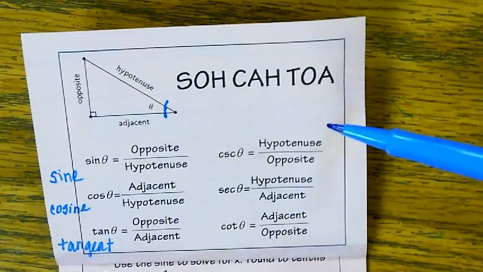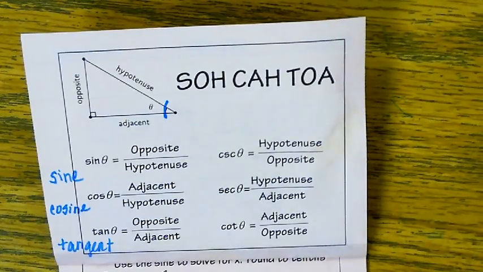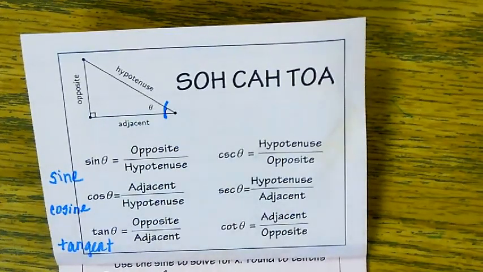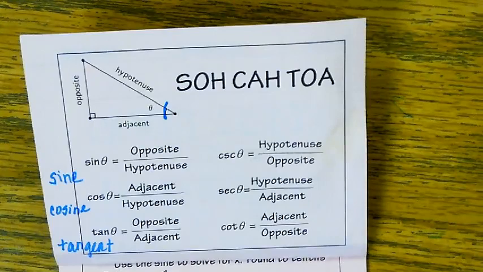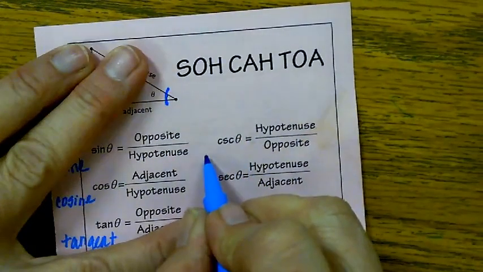Now, look at these ones over here on the right side. Do you notice any pattern if you compare those to the ones over on the left? Compare the ratios over there on the right to the ratios there on the left. Not the names of them, but just the ratios. What do you see? They're just flipped from the one next to it, right?